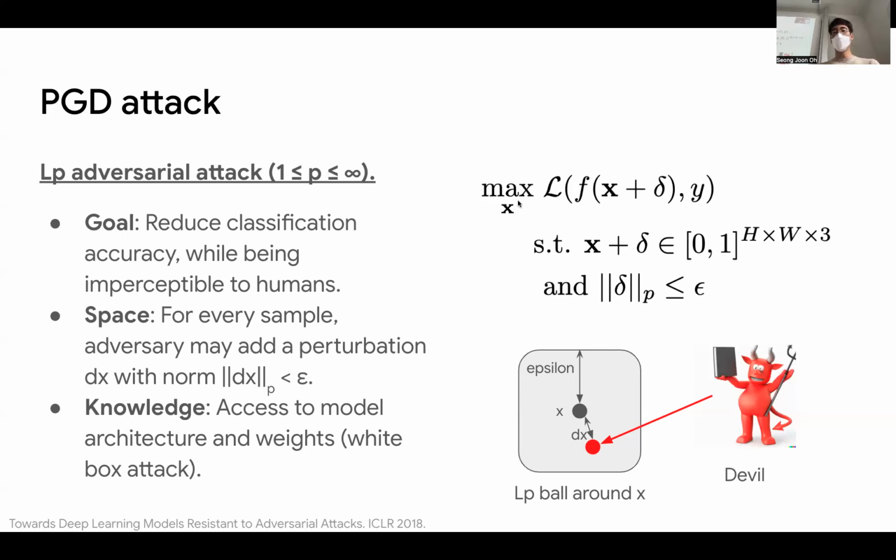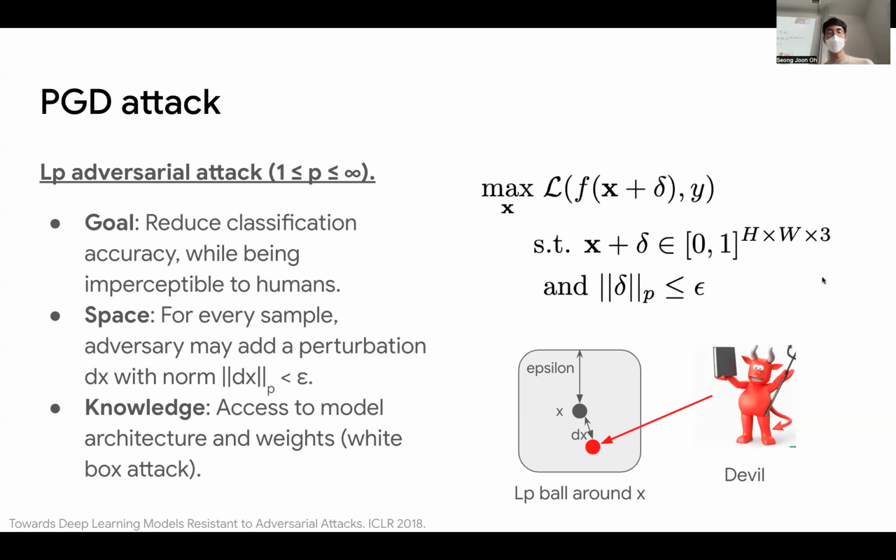You're trying to maximize rather than minimize your loss function, where the object being optimized is delta rather than x, such that there are some constraints. The image, after perturbation, should still look like an image, so the pixel values should be within the boundary of 0 and 1.